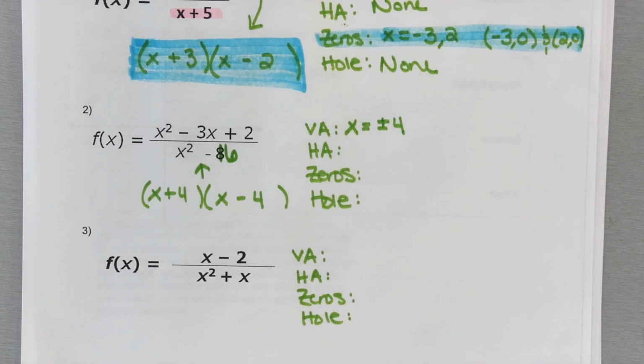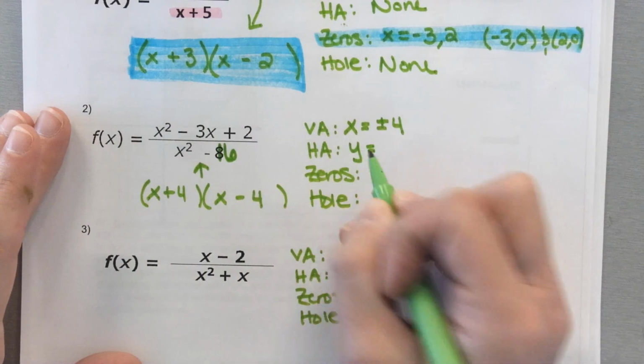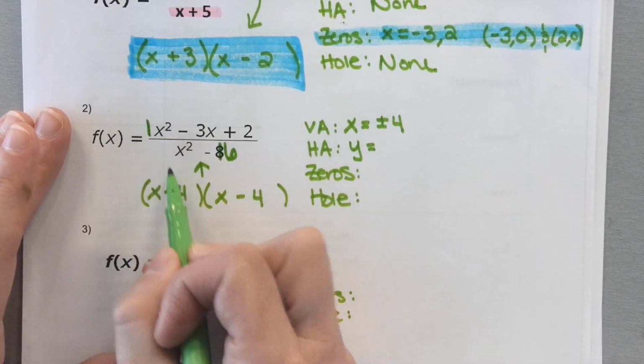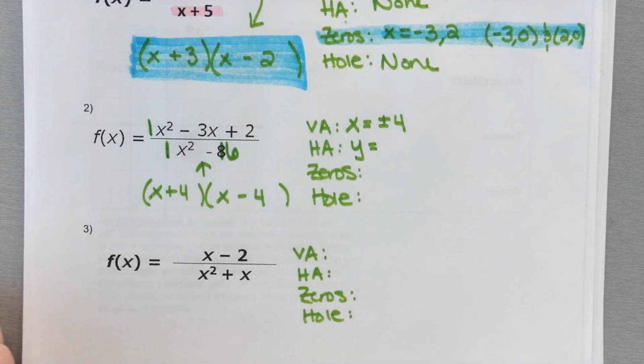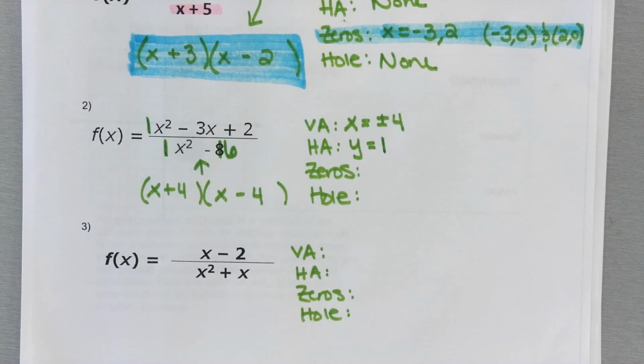All right, horizontal asymptotes are the list of rules. How do the degrees compare, top and bottom? They're the same. What do I do when they're the same? Divide. Okay, so I have a 1 and another 1. What's 1 divided by 1? One. So y equals 1. Again, make sure your vertical always has x equal.